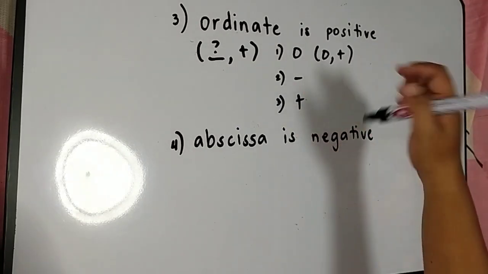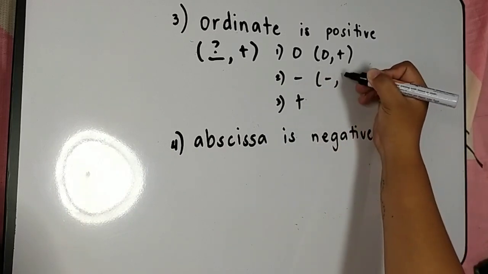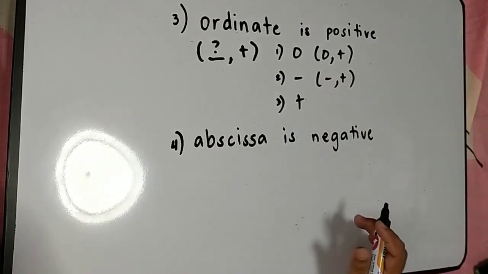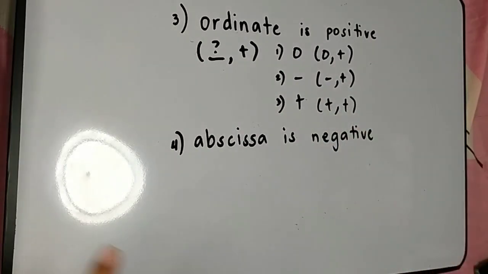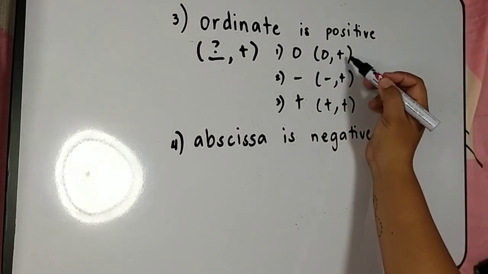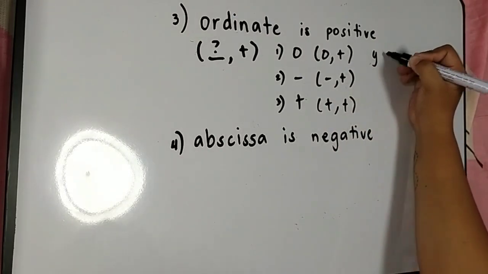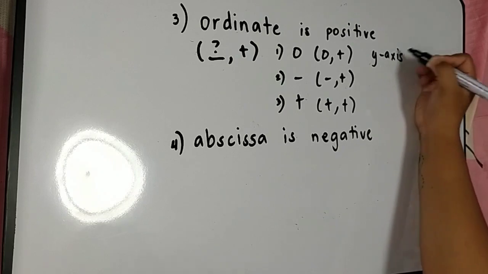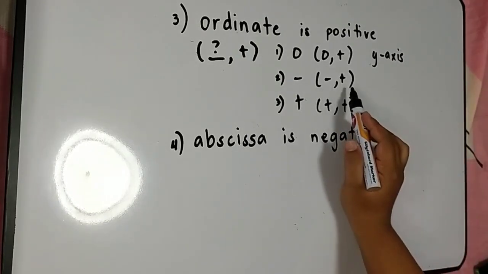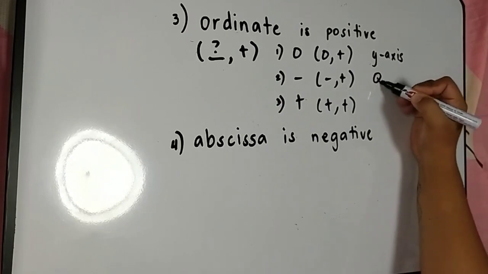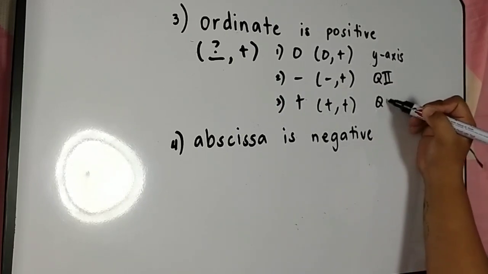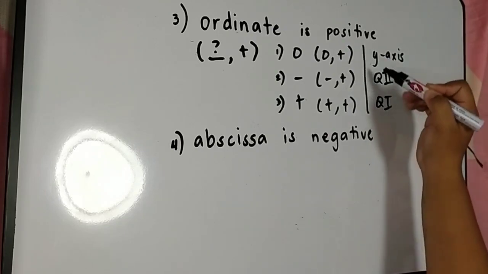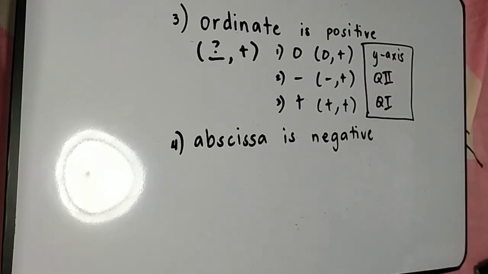Kapag naman negative si x, we have here negative, positive. Then, kapag positive si x, we have here positive, positive. So, locations nila. 0, positive, so ibig sabihin si y lang yung may value, so this is y-axis. Negative, positive, quadrant 2. Positive, positive, that is quadrant 1. So, ito yung mga possible locations.